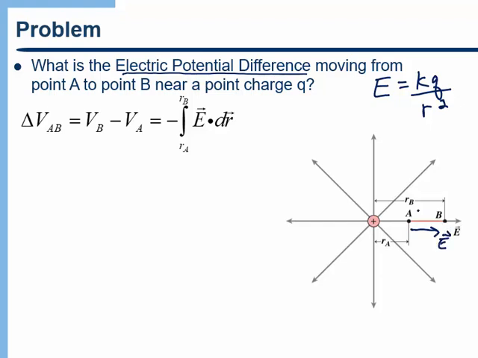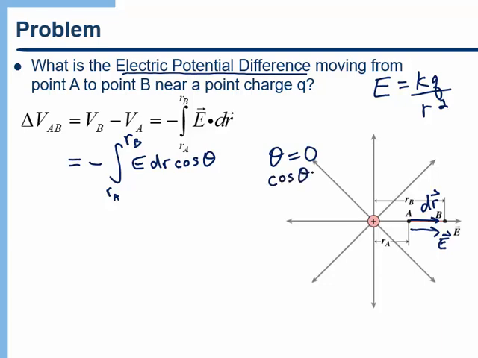But also, since we're going from A to B, notice that dr is also to the right. So when I rewrite this integral, the first thing I'm going to do is recognize that it's a dot product, so I can write it as E dr cosine theta, getting rid of the vector signs. Then we can see that theta, the angle between dr and E, is equal to 0, and therefore cosine theta is equal to 1.